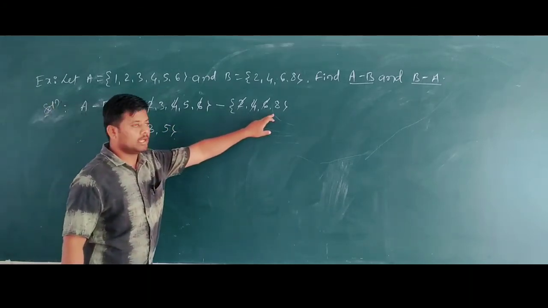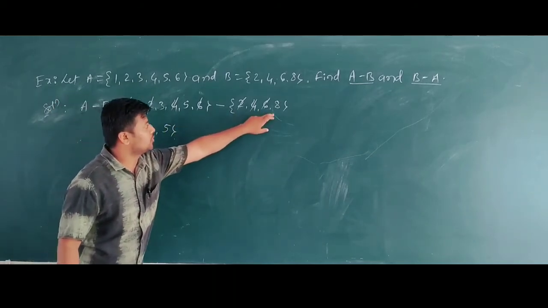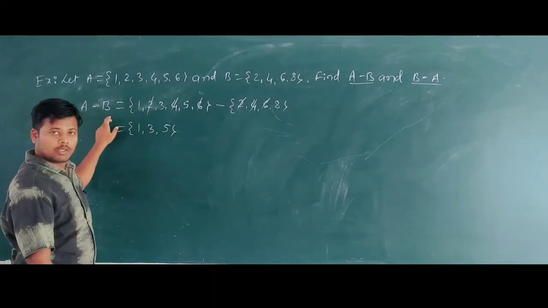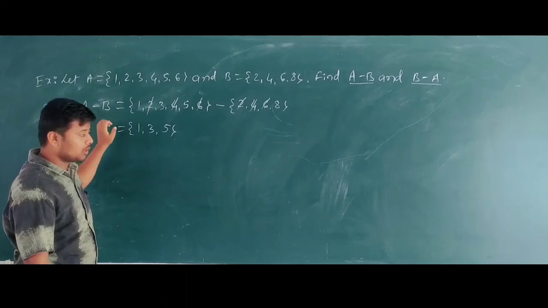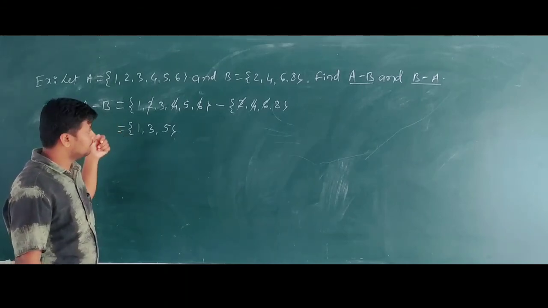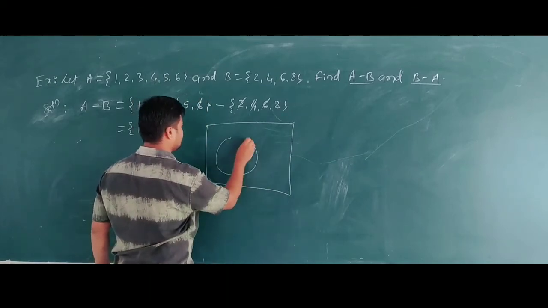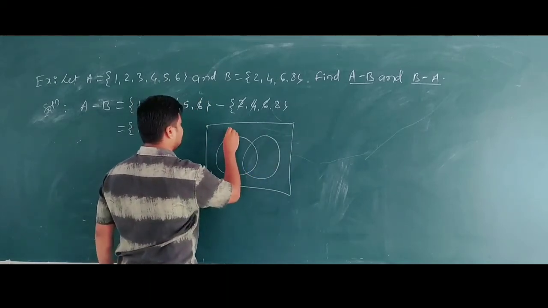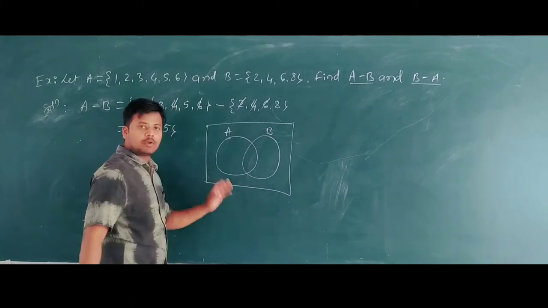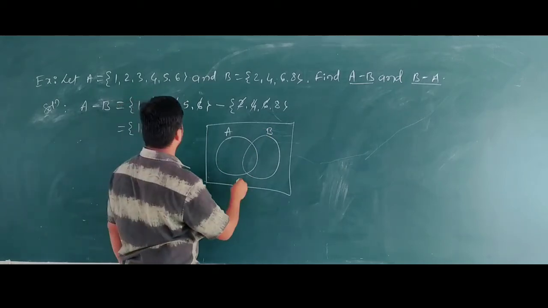The other elements belong to set B, so write only the pure elements belonging to set A. In the Venn diagram, set A, set B. First we will write the common elements. What are the common elements? 2, 4, 6.